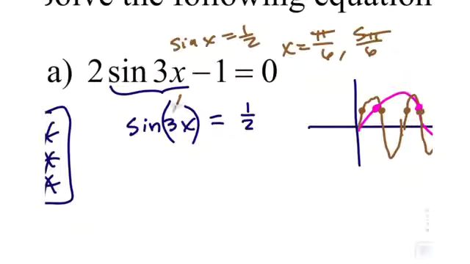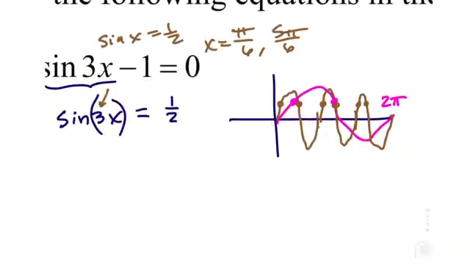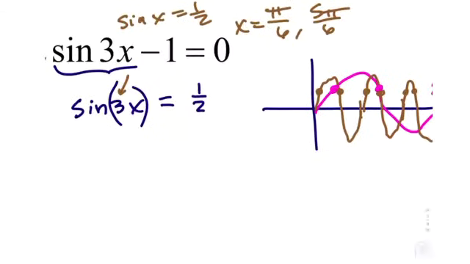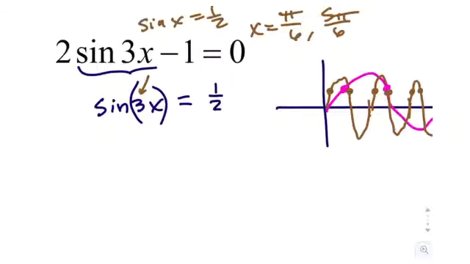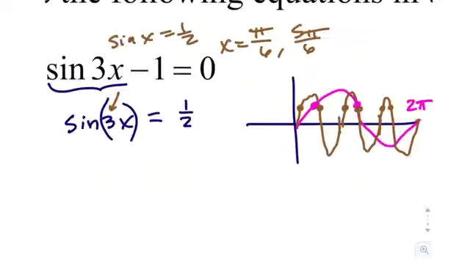So this number right here tells you how many solutions you have per root. Okay, so pi/6, which is the first one, is going to have 2 buddies, and 5 pi/6 is going to have 2 buddies. Now, how do we find those? It's this easy, okay? All you got to do is say, okay, it's going to be pi/6 and 5 pi/6.